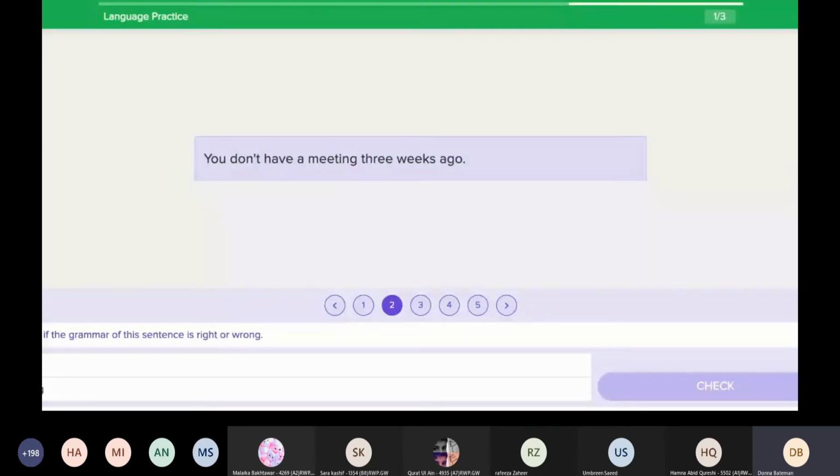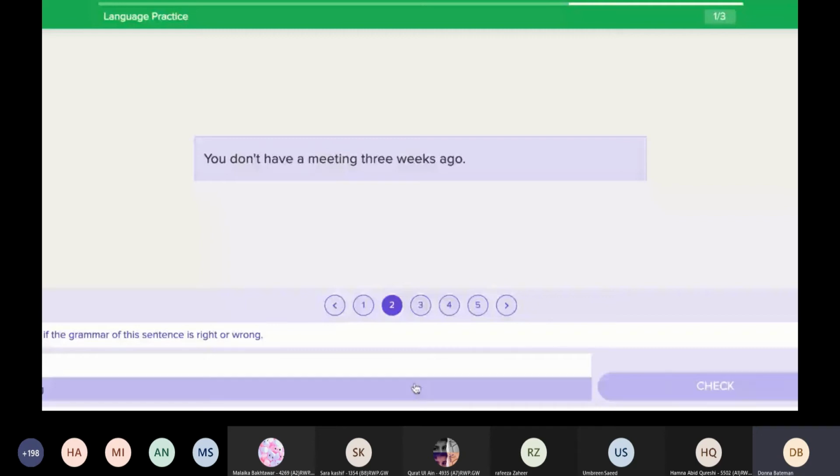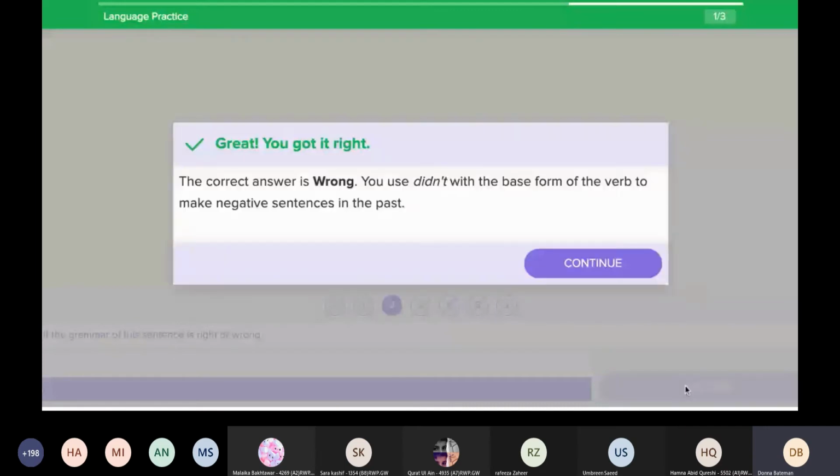Is that the past tense? No, it's the present tense. So you don't have a meeting 3 weeks ago is wrong, because you're mixing the tenses. Don't is present and 3 weeks ago is talking about the past. So that is wrong. And let's check that. Yes, there's confirmation. You use didn't with the base form of the verb to make negative sentences in the past.